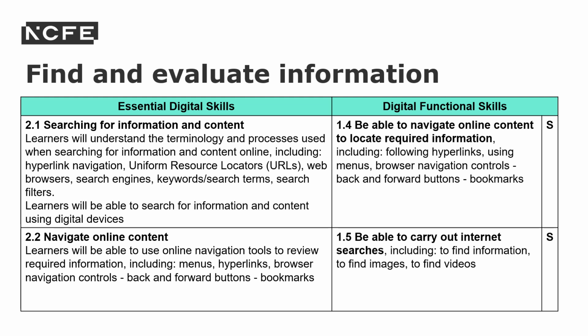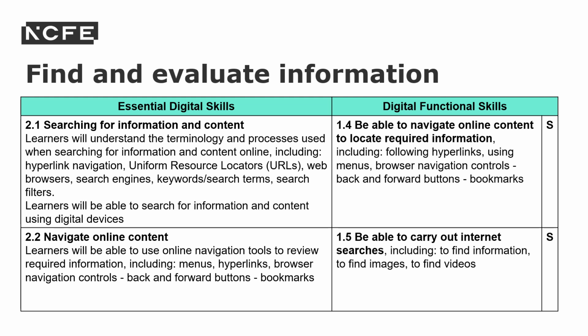Now we're looking at finding and evaluating information. And again, the learning outcomes are mapped across to their most similar counterpart between qualifications. For digital functional skills, learners must be able to navigate online content to locate required information and carry out internet searches.